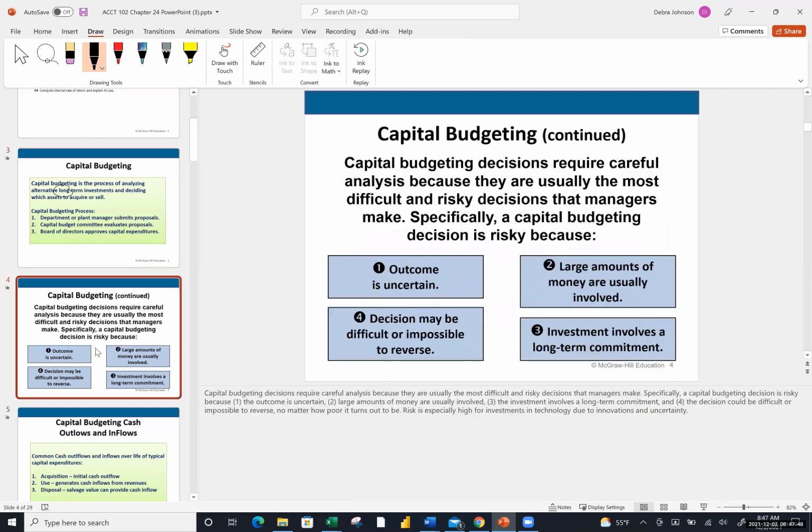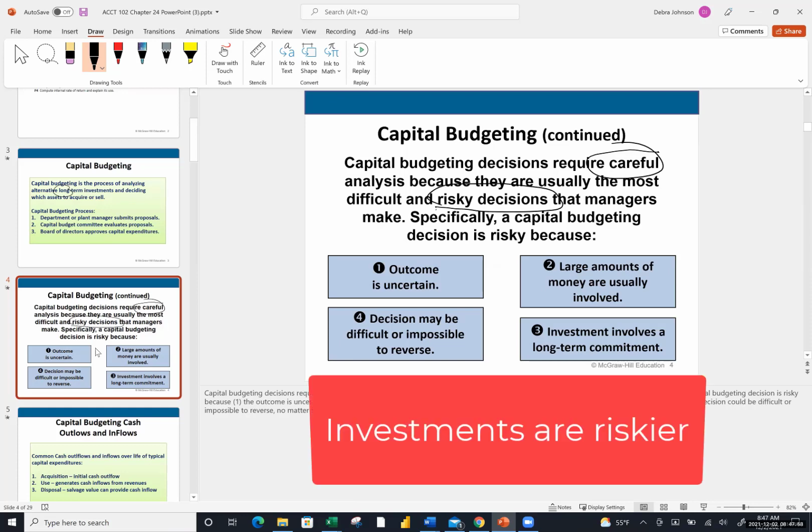Okay, so capital budgeting requires very careful analysis. We take an in-depth look because they are riskier. The reason they're riskier is they involve long periods of time. Look at what we find ourselves in right now, just economically. There is great economic uncertainty. There are inflationary pressures right now that some would say might be spiraling out of control.